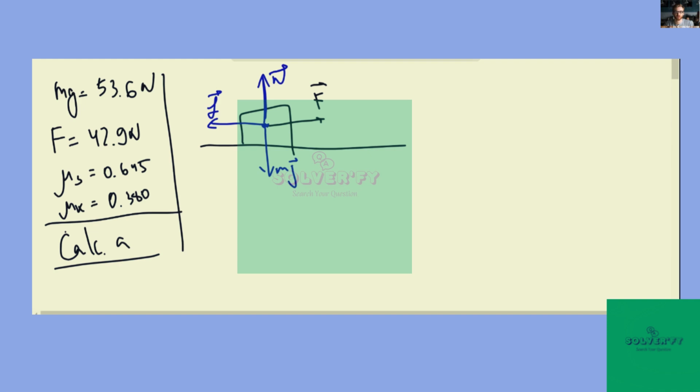First, let's calculate the friction force which exists. So we have to calculate the coefficient of the static and kinetic friction. The force of the static friction equals the coefficient of static friction times N, or mu static times mg, because it's a horizontal surface.